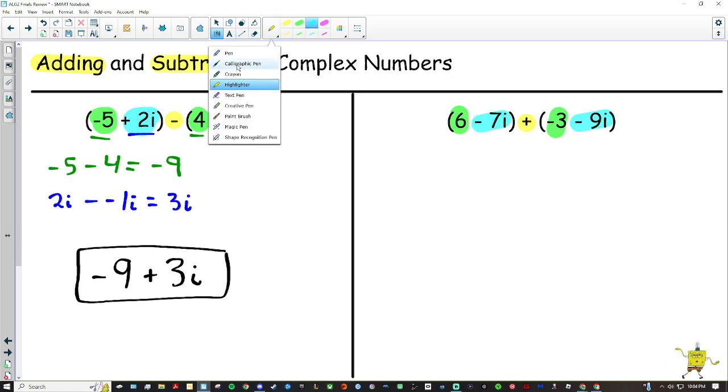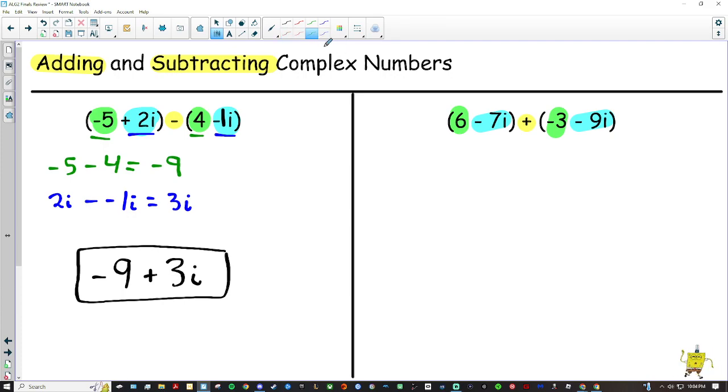So let's go ahead and start combining our real numbers. 6 plus -3. Putting this in my calculator, I get +3. This is my real part. Now doing my imaginary, I have -7i plus -9i.